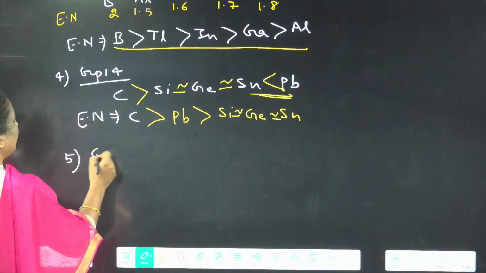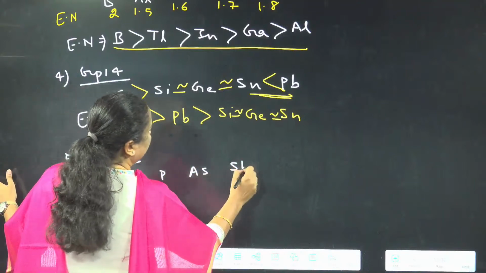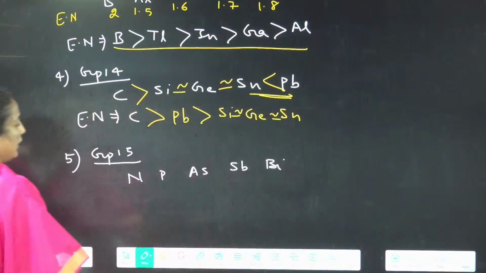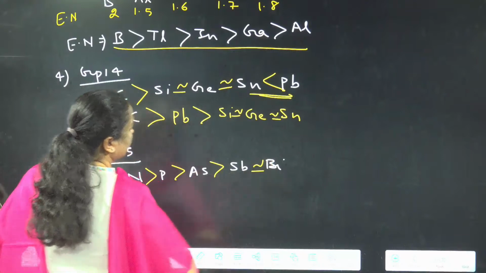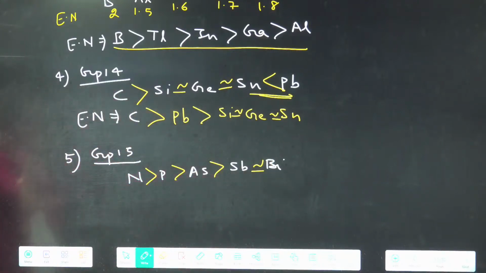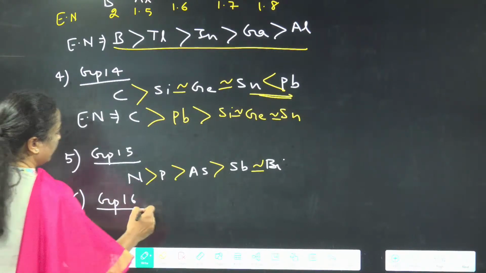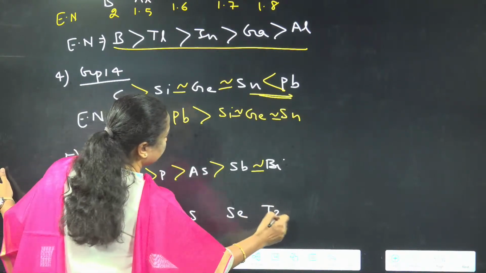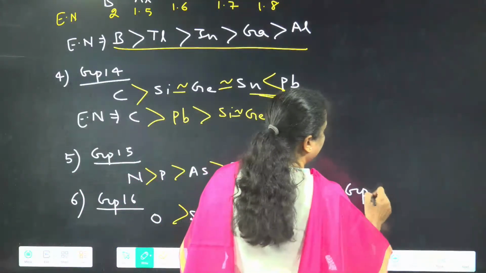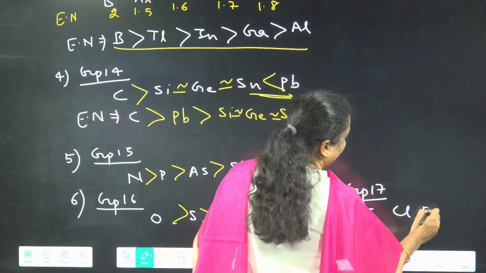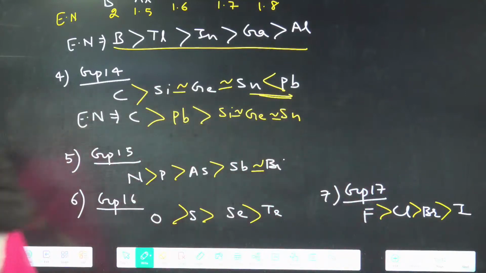Then group 15: nitrogen, phosphorus, arsenic, antimony, bismuth. In this case, definitely it is decreasing. Here it is almost the same, right? Then group 16, there is no exception here. And group 17, fluorine, chlorine, bromine and iodine, again there is no exception. So make sure you are writing them.